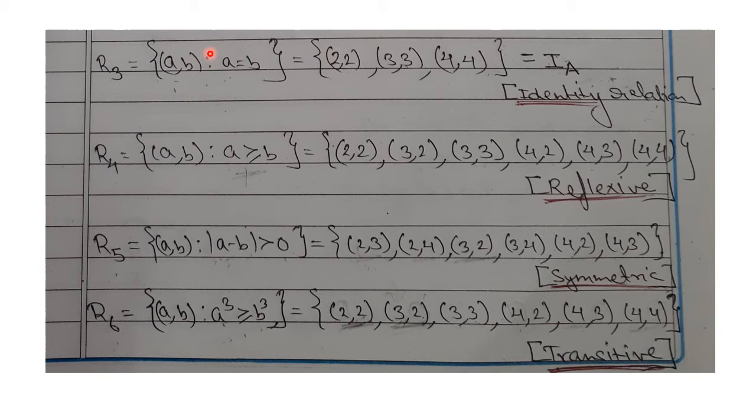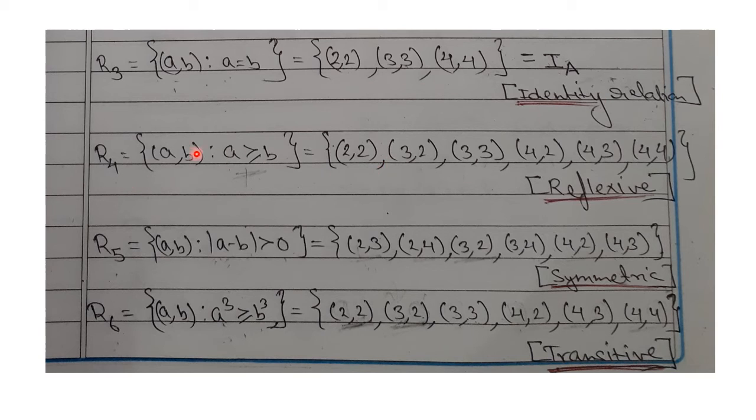For R3, the condition is A should be equal to B. According to this condition we got these ordered pairs for this relation. Here we observe that every element in A is related to itself. Therefore this relation is an identity relation.